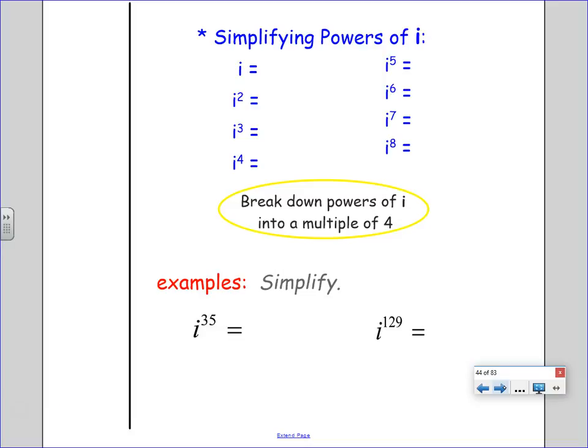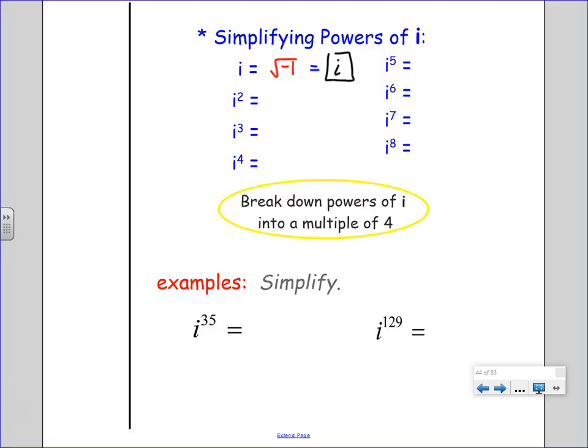Who is i? Square root of negative 1. This is important, focus. i is the square root of negative 1, which is i.